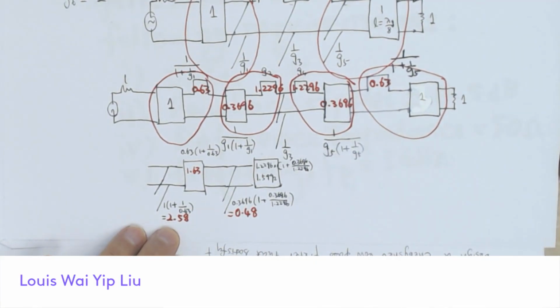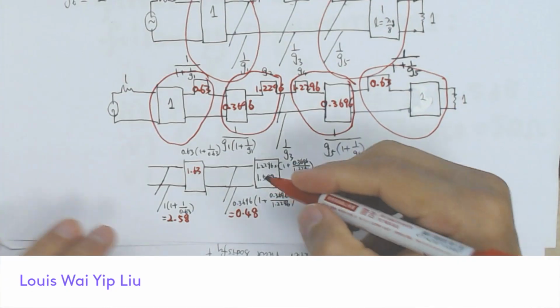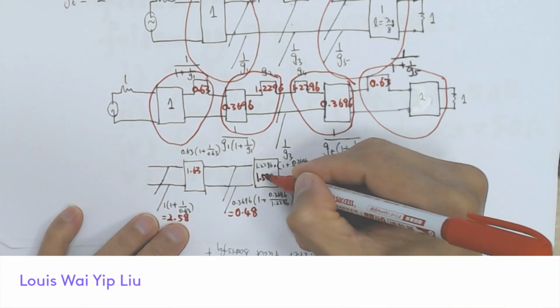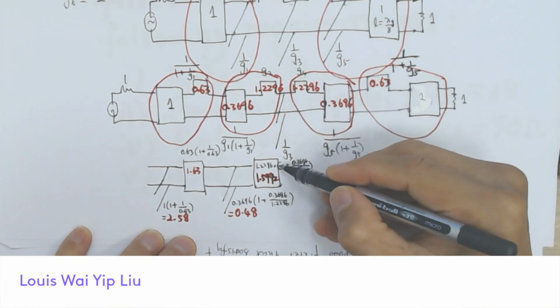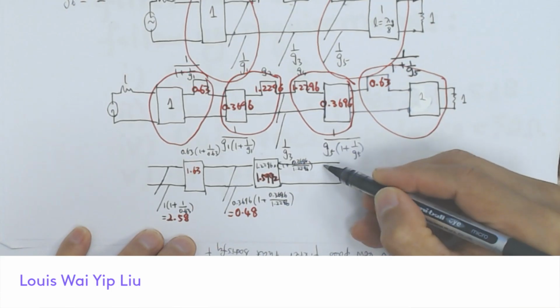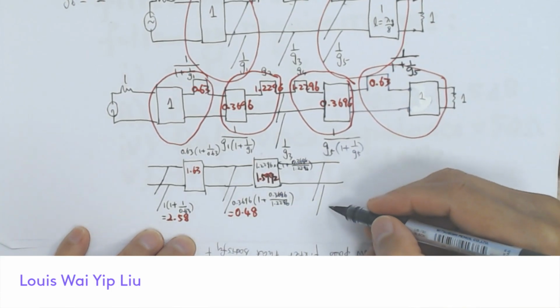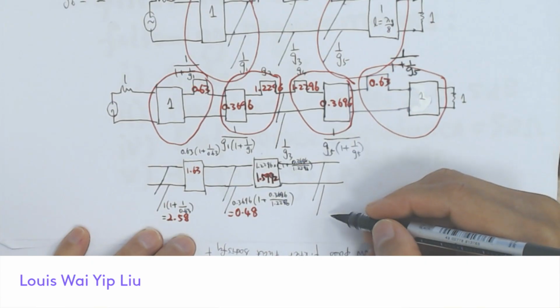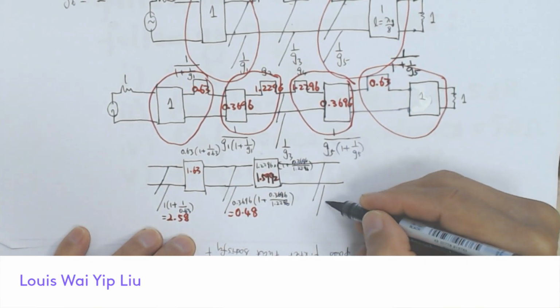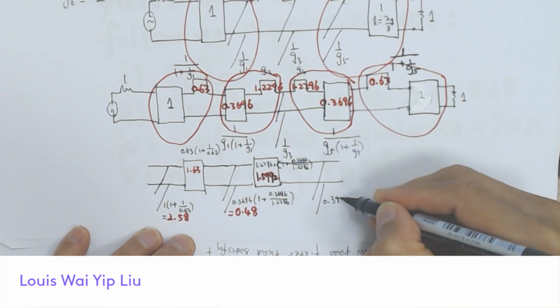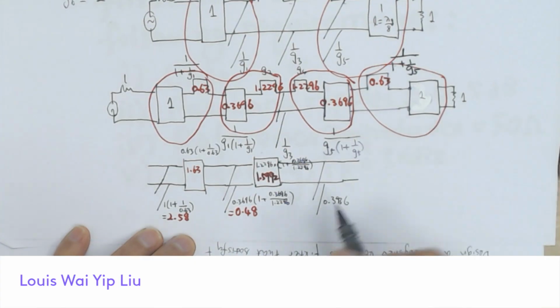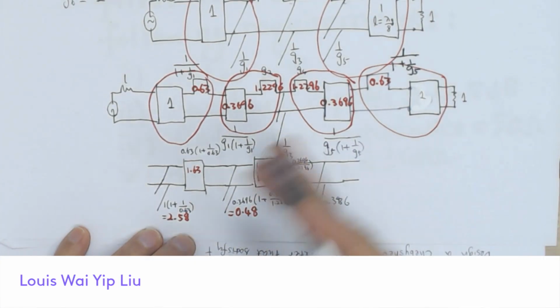Yeah, I am going to use the red pen to highlight it. 1.5992. So basically, this is done. The middle one here will be unchanged. 1 over G3 is 0.3936.